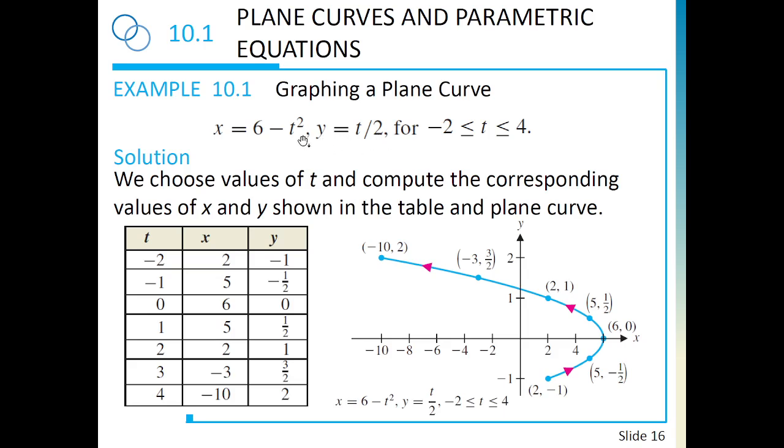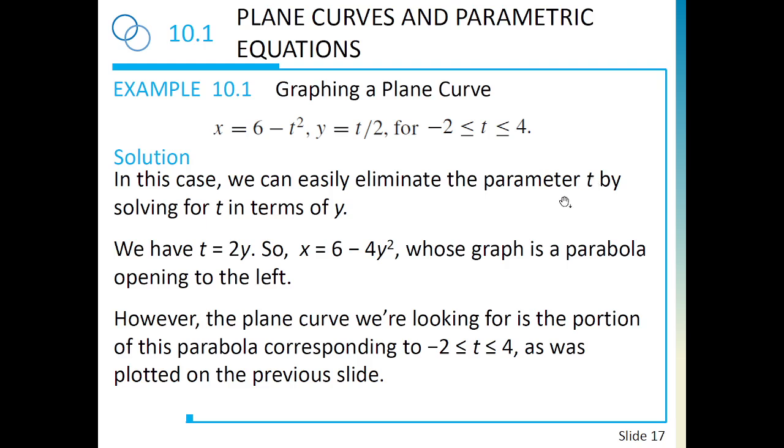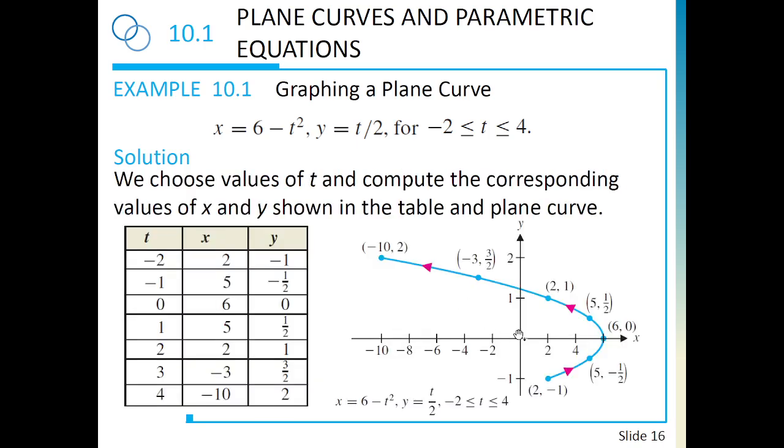So t is equal to 2y. So instead of t, I could use 2y in this expression, so I'll get something that I can recognize. So in this situation, we are able to eliminate the parameter t. So you see t is equal to 2y, and I plug it in and I get something like this. So this is an expression of a parabola, which is the same as this one, obviously.